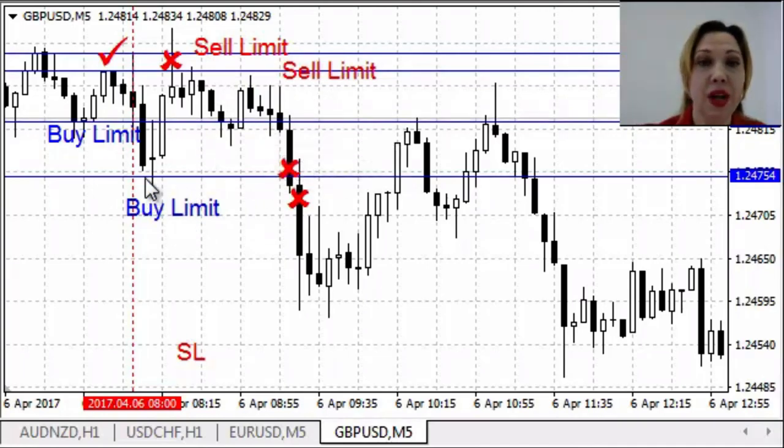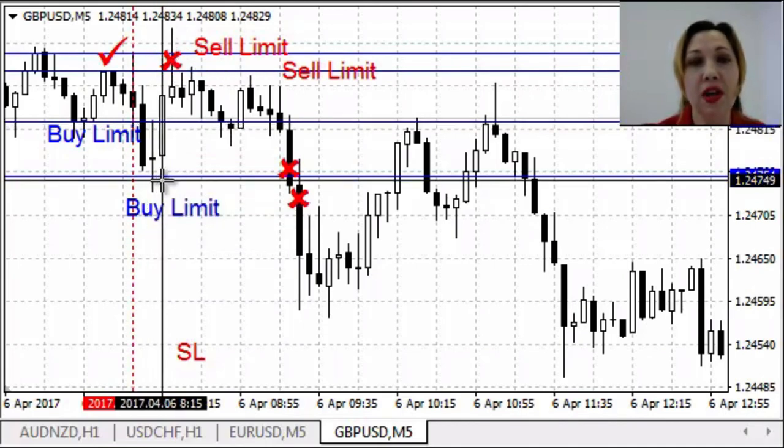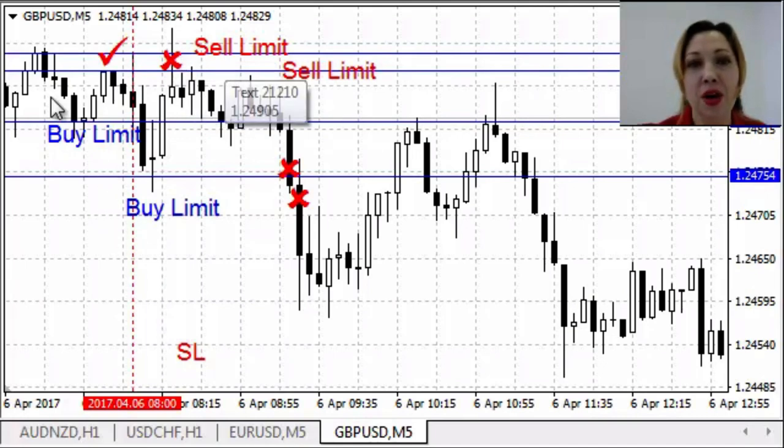What we see here? We see that the market starts moving, and our buy limit is triggered. If you use trailing stop, you will succeed, although the market gives us only 11 pips. But with trailing stop, you will have profit even here. Our second buy limit is triggered, and here we had our profit. So you have already earned money on the buy limits. What happens with sell limits?